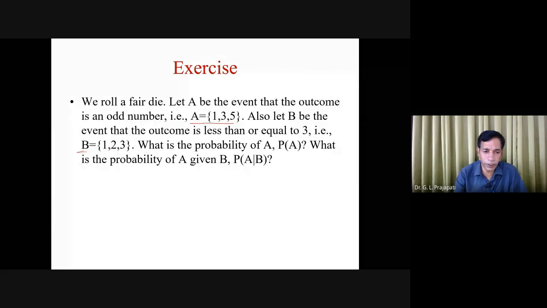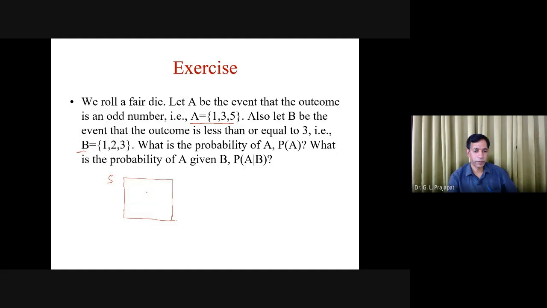So you have the sample space like this. In this sample space, we have the two events. This is event A, this is event B. A is 1, 3, 5.